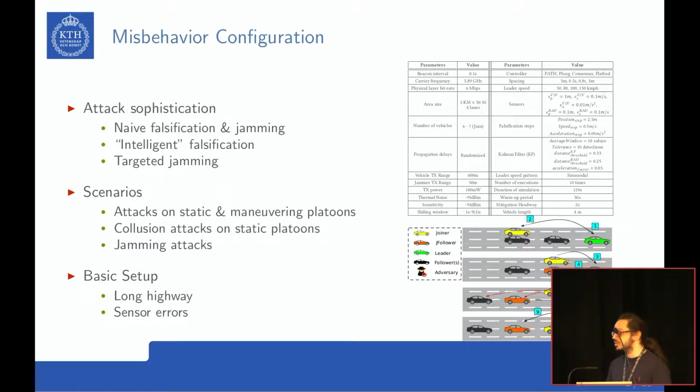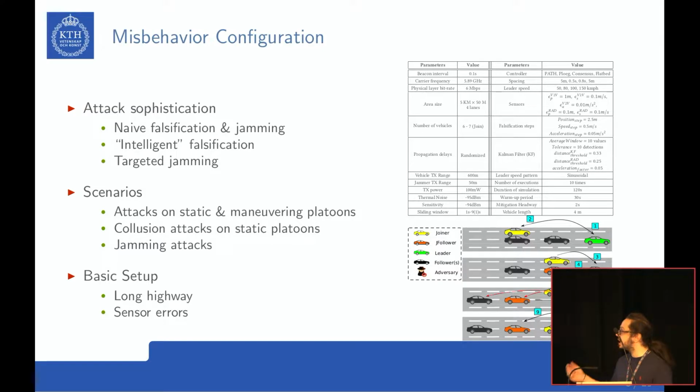The most intelligent, in this case, would be a combined attack, in which we gradually falsify the position, and the attacker also changes the speed and acceleration in order to make the attack harder to detect. As I said already, we also include some targeted jamming and then, of course, the collusion scenario.